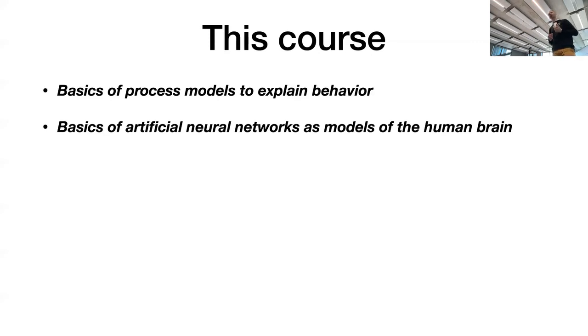Then, from a historical perspective, I'll go into the basics of artificial neural networks, and then specifically using neural networks as models of the human brain, really trying to look at this interaction between what we know about how the human brain works and these artificial neural networks.